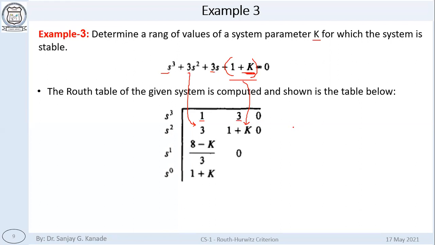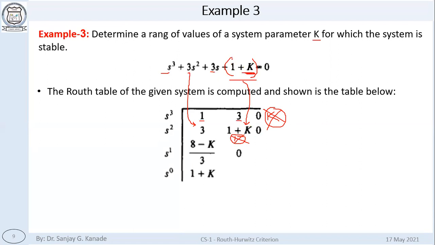Many of the students get confused in this kind of problem, that they write 1 here and write k here, which is not the case. This is wrong. Why? You can see k is a system parameter. It is not a coefficient. It is not a separate coefficient.